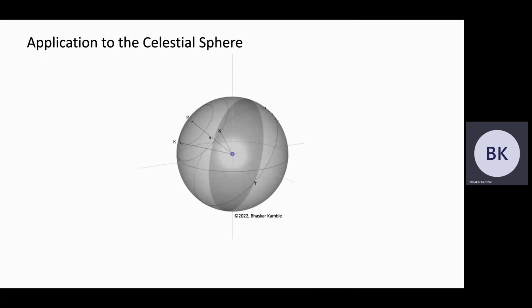There are certain concepts associated with the celestial sphere. For example, this is the celestial pole, P. What is the celestial pole? You join the center of the Earth to the North Pole of the Earth and extend this line so that it intersects the celestial sphere at the point P. The point P is the North Celestial Pole. You will, of course, have a South Celestial Pole by going in the other direction.